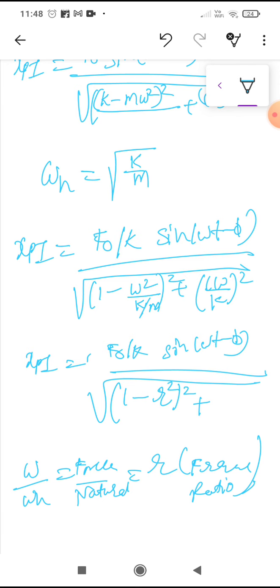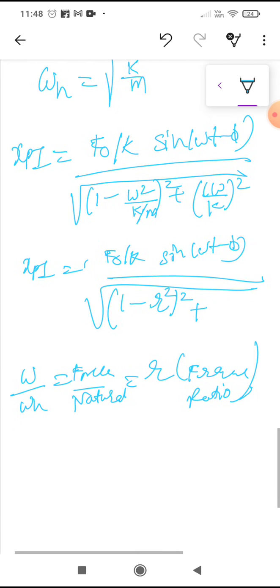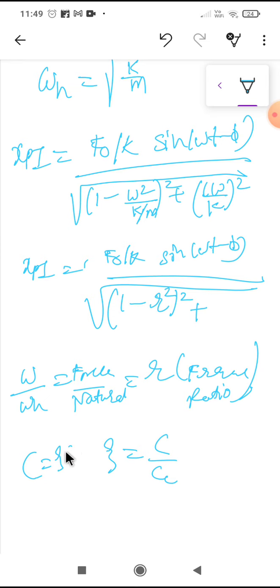So here also we need omega n, so how can we get it? So what is c? c is nothing but the damping coefficient. So what is the formula for zeta? That is the damping factor, c by cc. So instead of c we can write zeta cc.